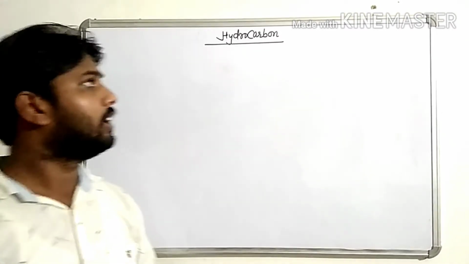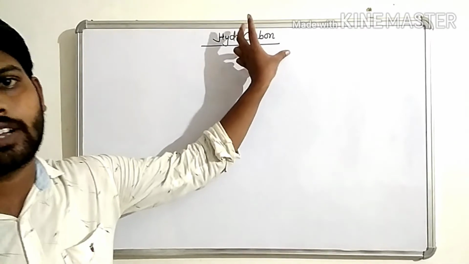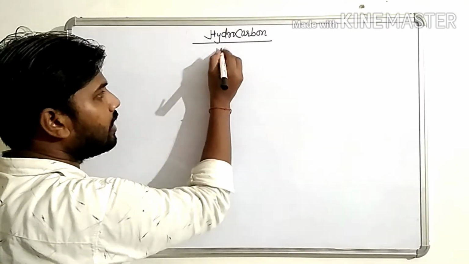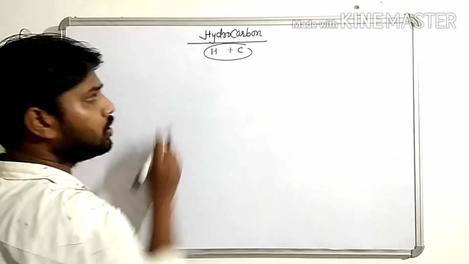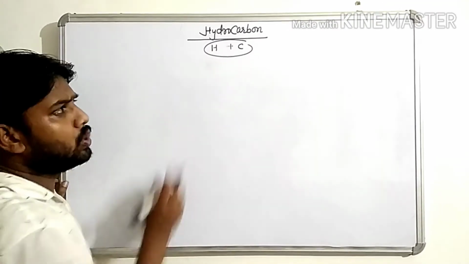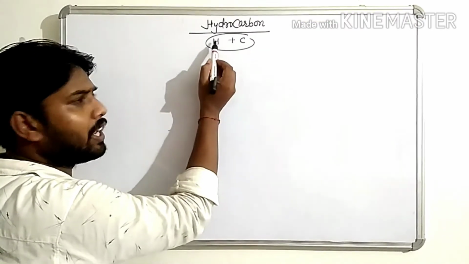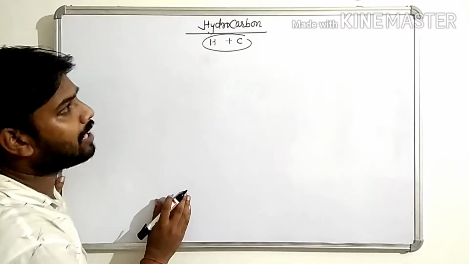Now children, let's go to the new topic, known as hydrocarbon. Hydro stands for hydrogen and carbon stands for carbon. So we can say those compounds which are made up of carbon and hydrogen only are known as hydrocarbons.